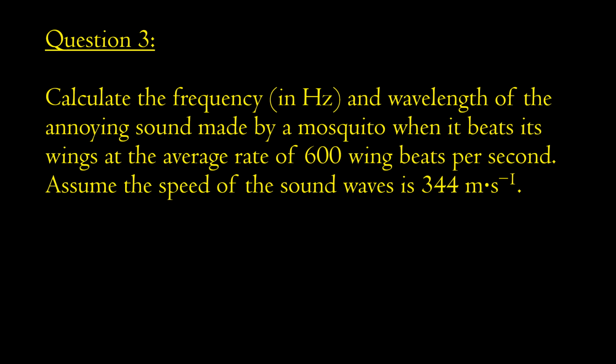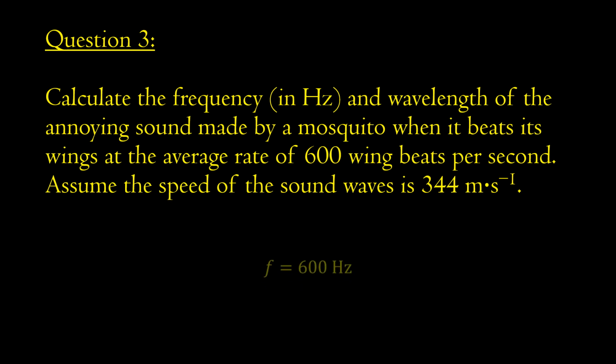This beating of the wings is so quick that in just 1 second, it has done like 600 of those beats. The frequency in this case is just going to be the number of beats in 1 second, or the number of beats per second. We have that the number of beats in 1 second is 600.